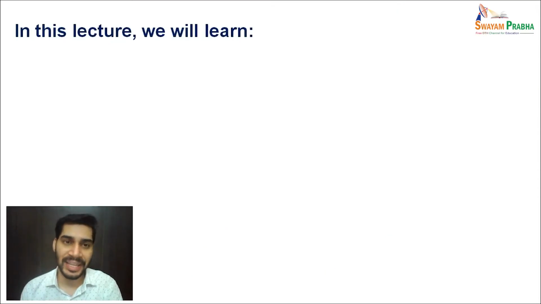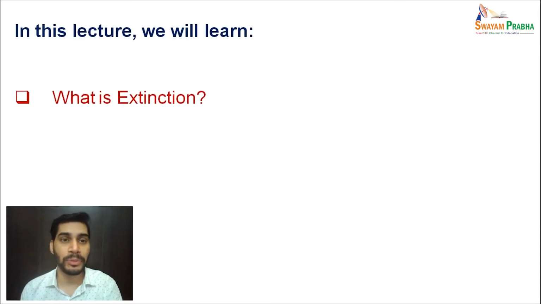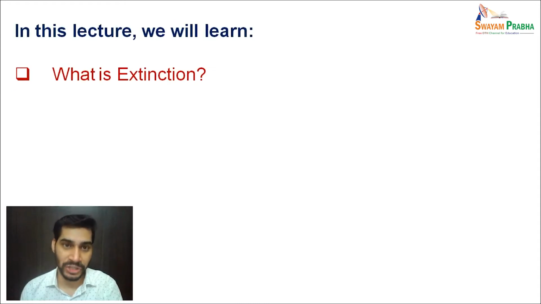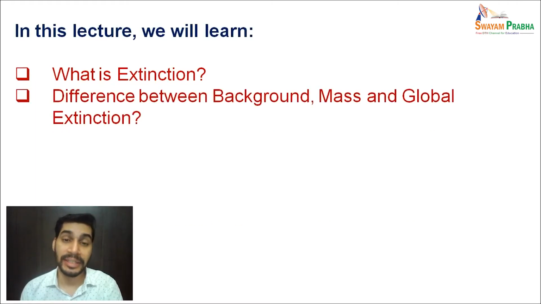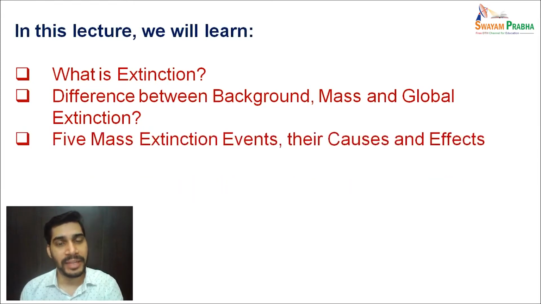So, in this lecture, we will learn about what we mean by extinction, specifically biological extinction. Then, we will talk about the difference between different kinds of extinction, namely background extinction, mass extinction events, and global extinction. After that, we will focus on the mass extinction events that have taken place on Earth in history.